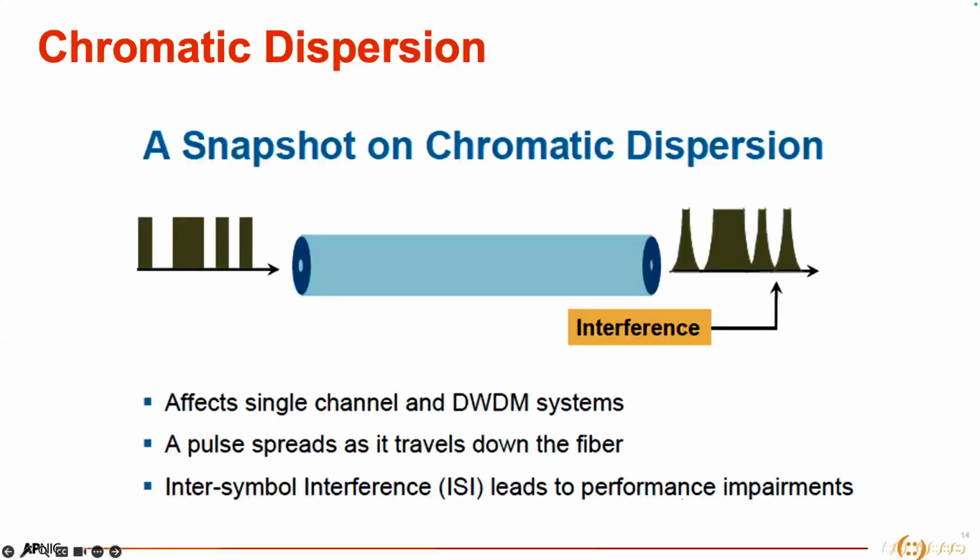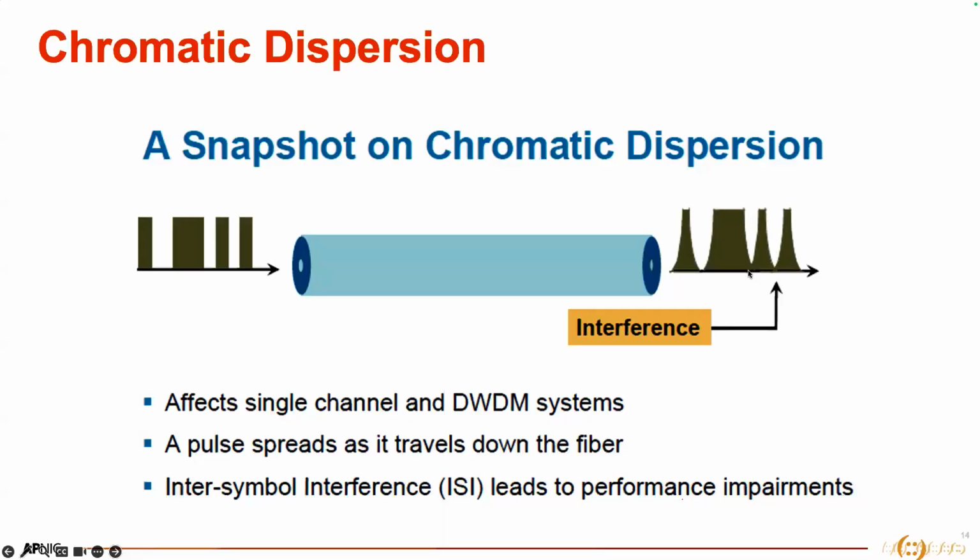So what is happening in the case of chromatic dispersion? As you can see, the wavelengths are like this with appropriate gaps among each other. Between each two consecutive wavelengths there is a clear gap, right? But when chromatic dispersion happens, the shape of the wavelengths spreads and they overlap with each other.